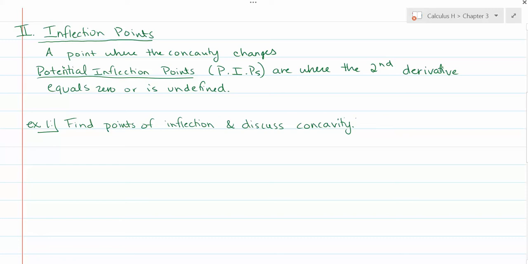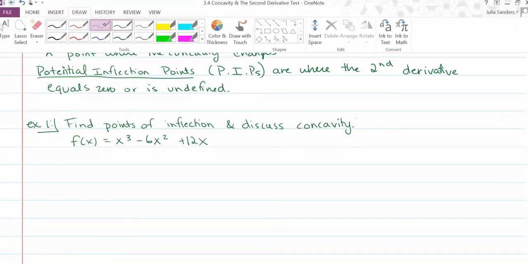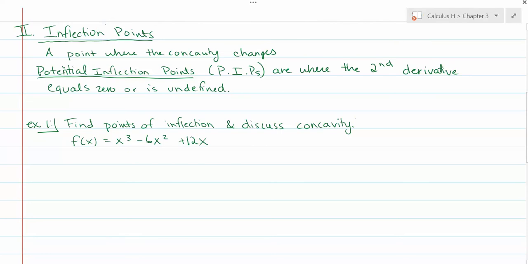If I give you the function f of x equals x cubed minus 6x squared plus 12x, we're going to do this without our graphing calculator, so we should be able to figure it out analytically. The first thing you want to do is find your first derivative, which is 3x squared minus 12x plus 12.